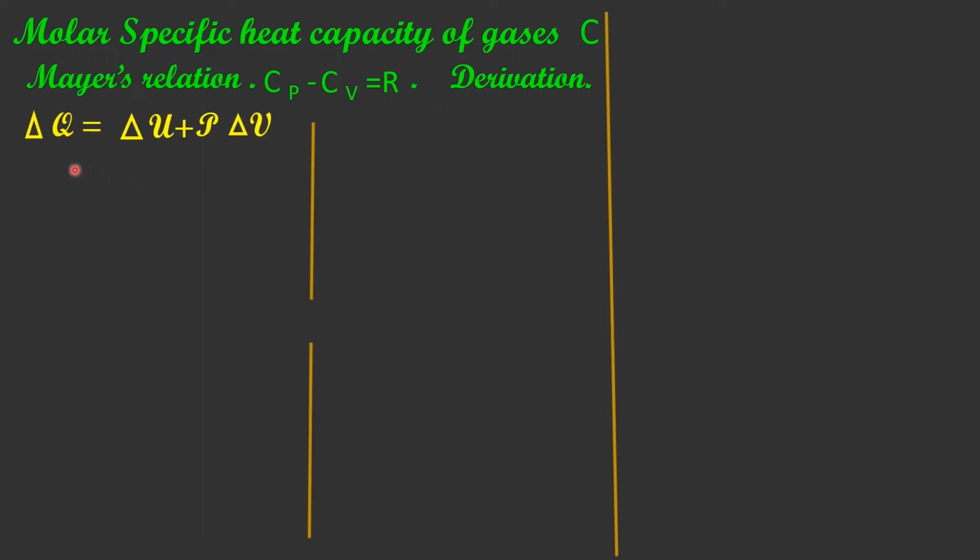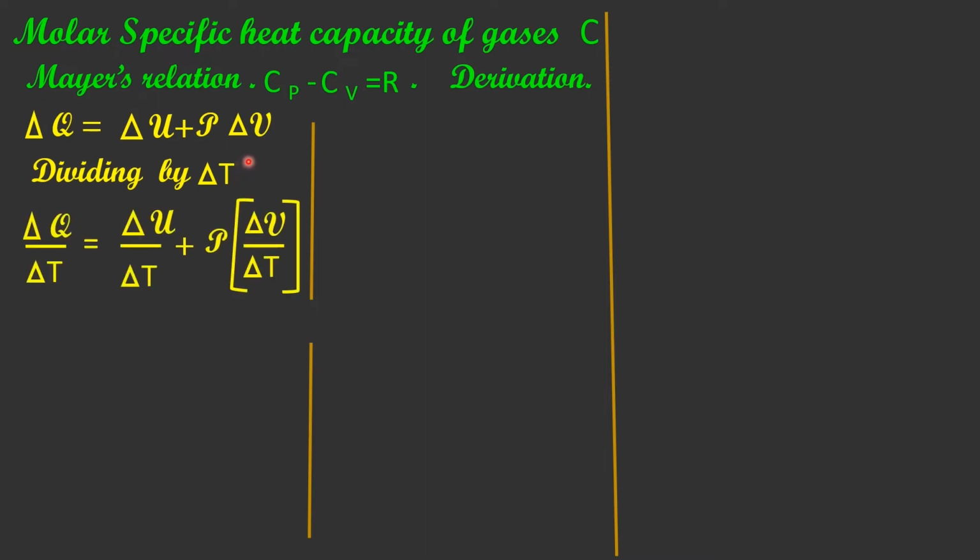We know delta Q is equal to delta U plus P delta V. Thermodynamic equation. If we divide both sides by delta T, we will get delta Q by delta T is equal to delta U by delta T plus P delta V, that is P times delta V divided by delta T. What is delta Q by delta T?